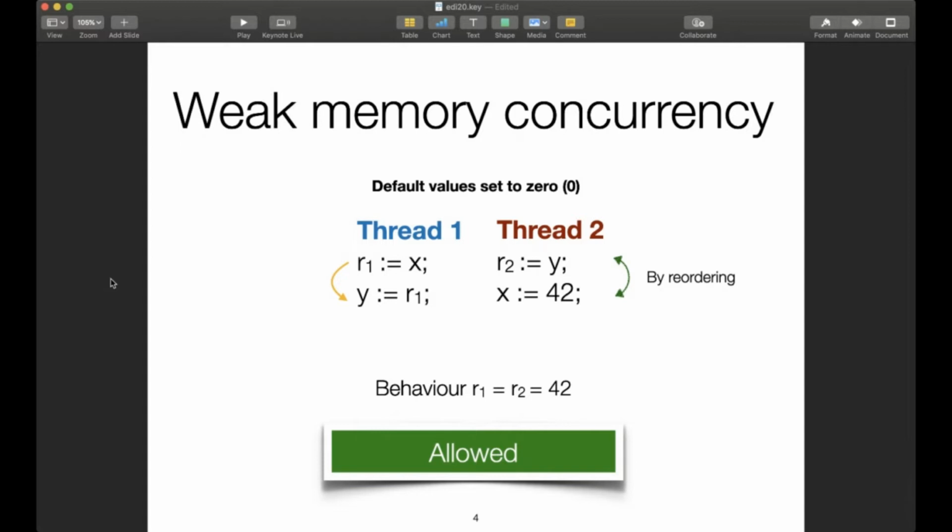It knows it's going to be a write of 42. On thread 1, it has to wait for the value of R1 to come in from the load. So on the left-hand side, there's a dependency between the load and the store. And on the right-hand thread, there's no dependency. That's going to be something we talk about quite a bit as this talk unfolds. So here I'm just showing you the reordering.